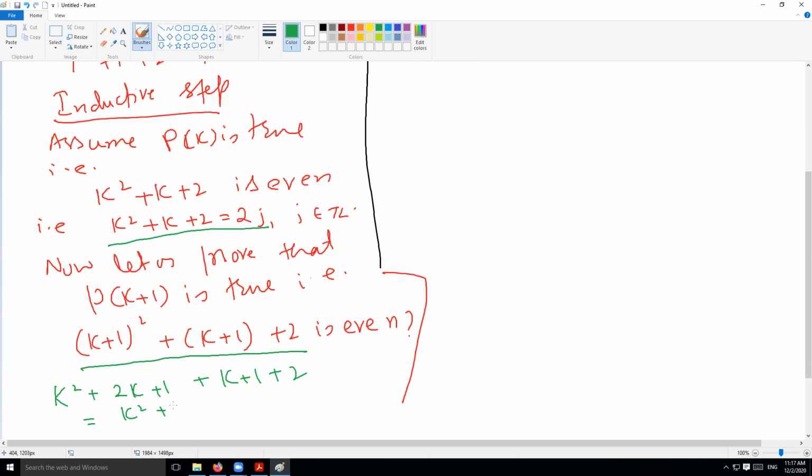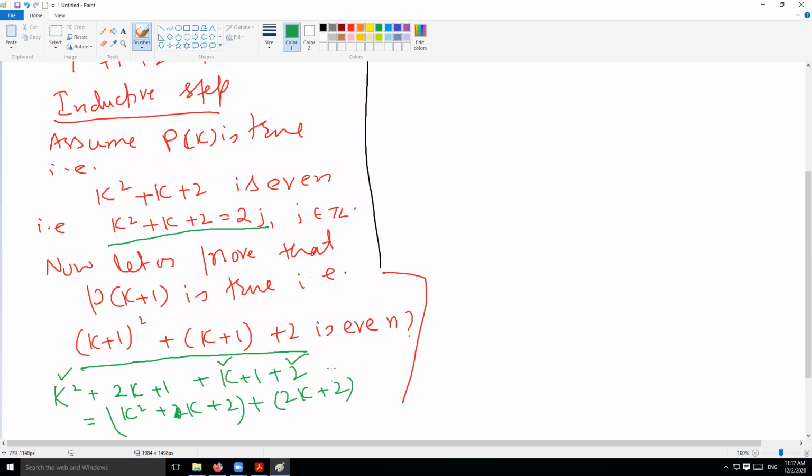So I have taken this term, this term, and this term. So what is going to remain is 2k plus 2.